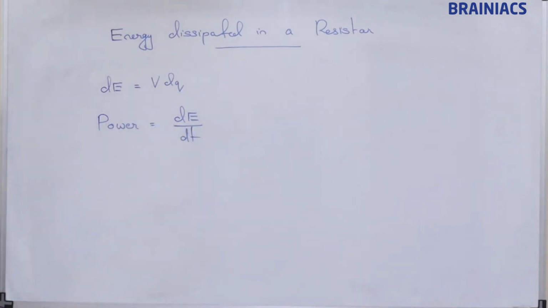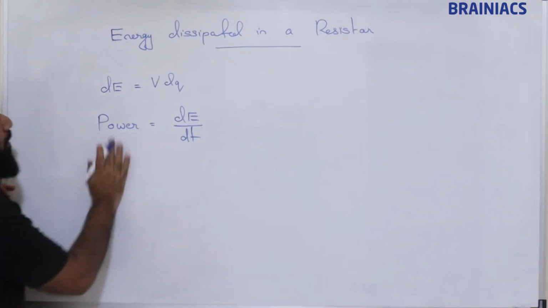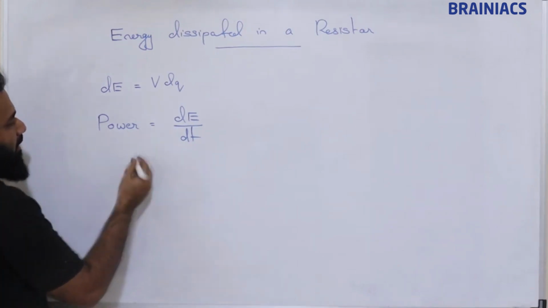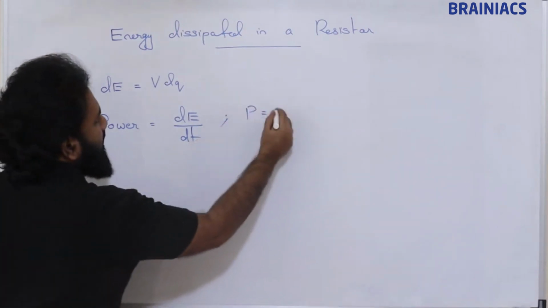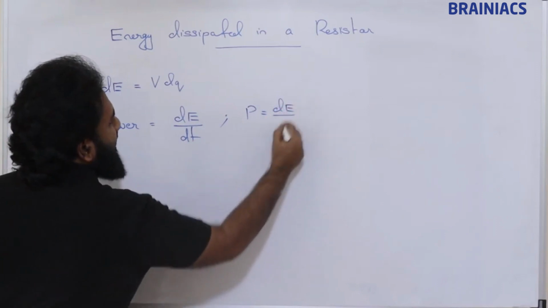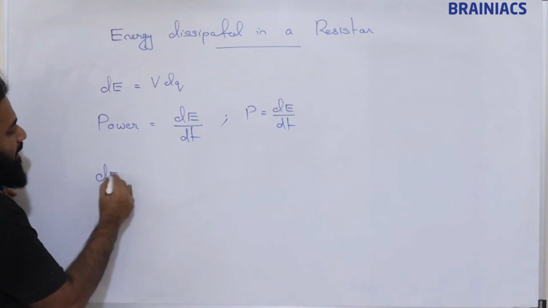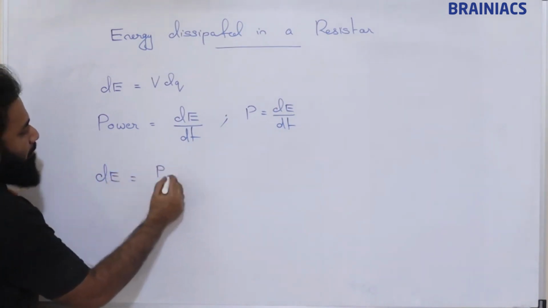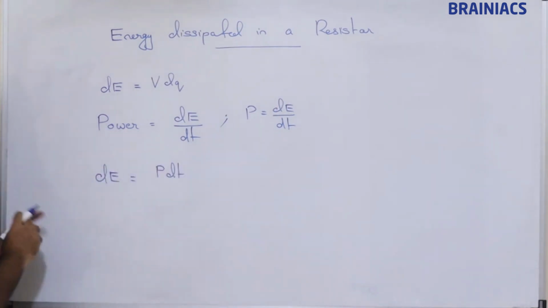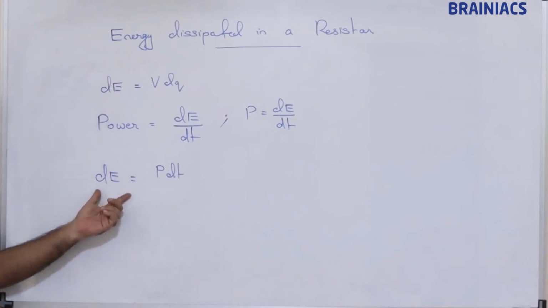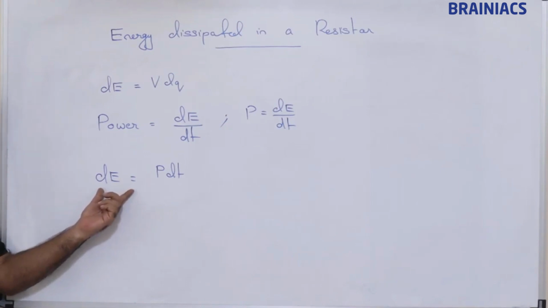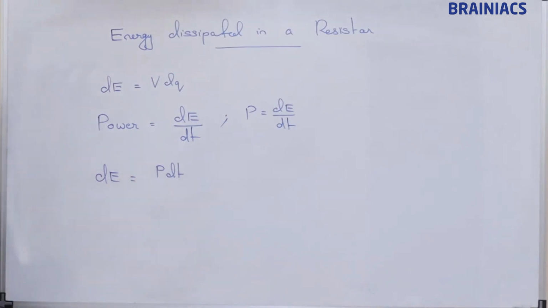Power is equal to dE by dt, or simply if P is equal to dE by dt, dE is equal to P dt. So this is the energy in moving a small charge dq along the circuit. So this is the power associated with that.